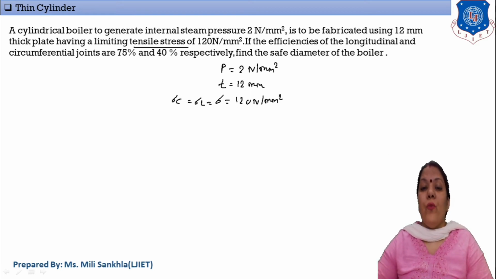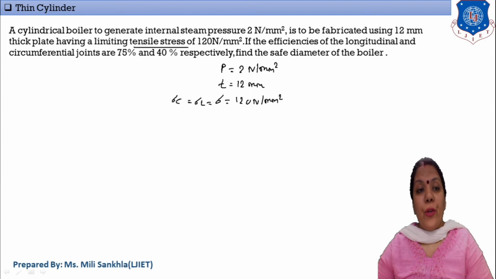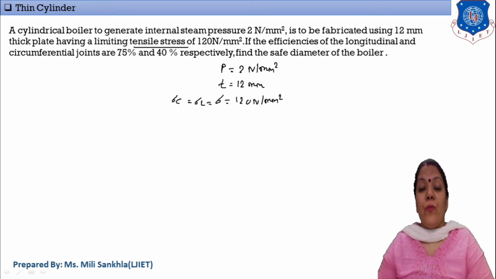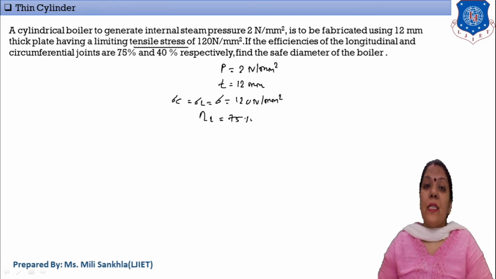Now the efficiencies of the longitudinal and circumferential joints are 75% and 40%. Here the efficiencies of the joint are given. First is the longitudinal efficiency, so write the notation eta L is equal to 75%, and second the circumferential efficiency, that means eta C, is given as 40%.